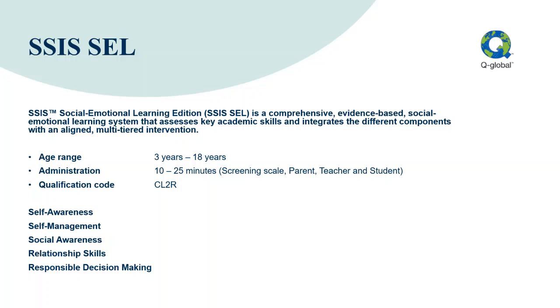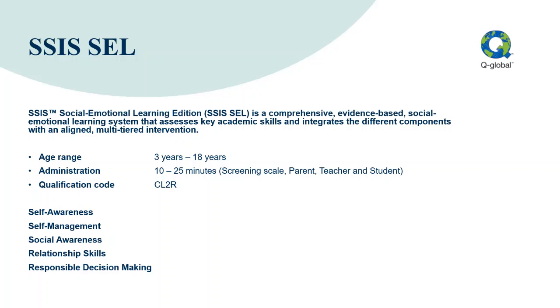The social emotional skills represent 5 competencies: self-awareness, self-management, social awareness, relationship skills, and responsible decision making. Scores are provided for each of the 5 SEL competencies. In addition, scores are provided for the SEL composite scale, representing an overall index of social emotional functioning, as well as for the core skills scales.